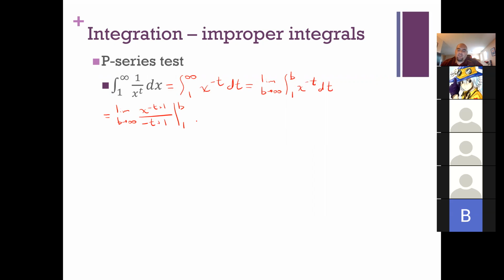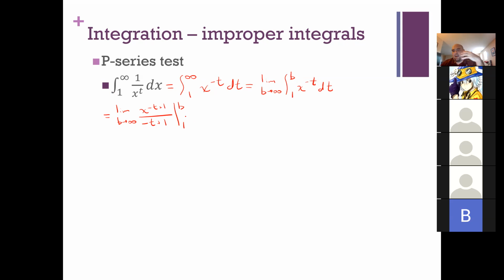Any questions about anything I've done so far? Is that like an open form? Yeah, we're going to work towards a closed form. Basically, at some point I'm going to plug in b for x, but I'm going to wait a little longer.